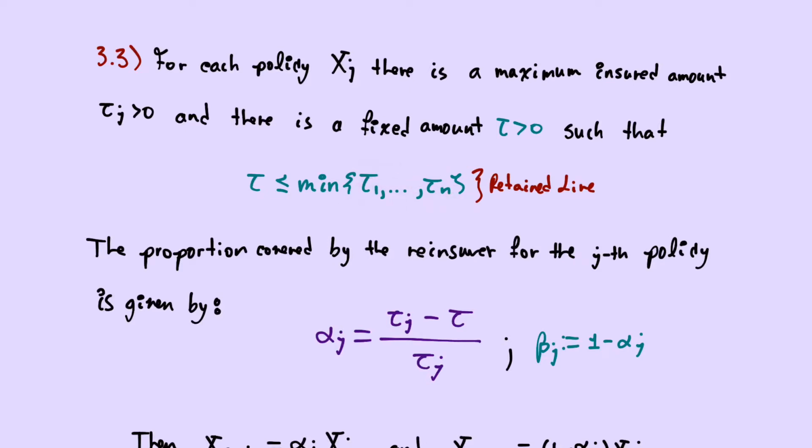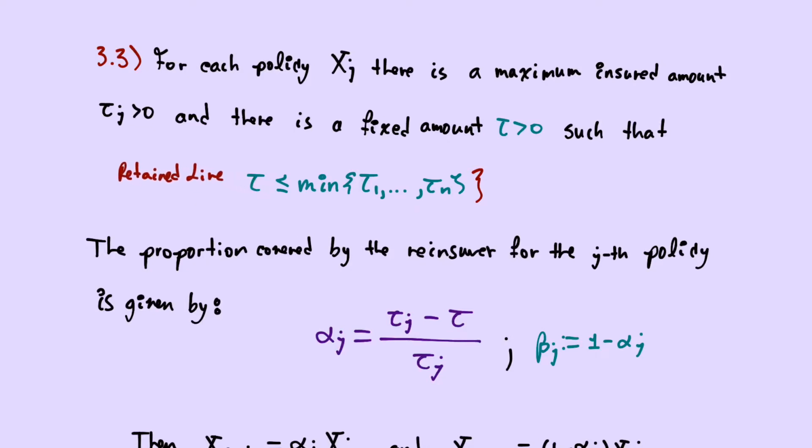From j equal to 1 to n, because this is an individual risk model, so it makes sense. We know the total number of policies, not of claims.